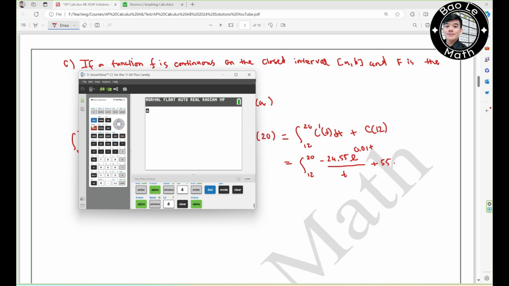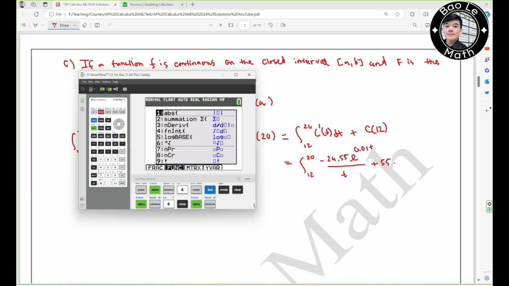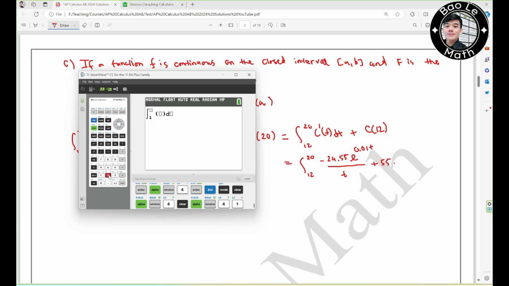Alright, on the calculator, pick number 4. So this is 12, this is 20, this guy, negative 24.55 times e to the 0.01 t, which means x right here, over x, right?